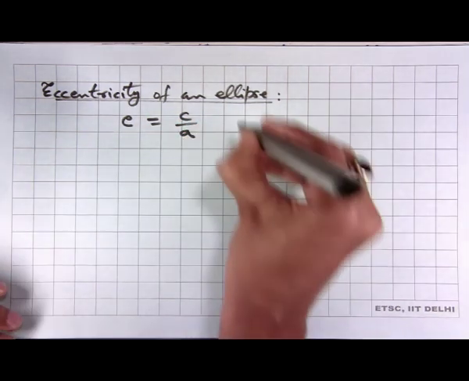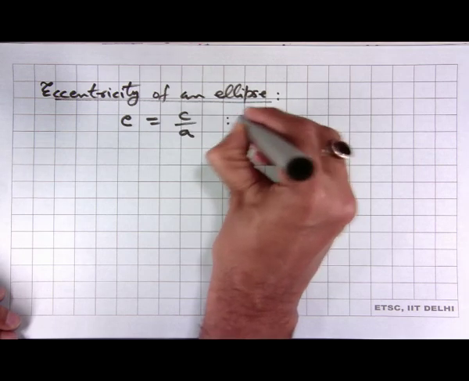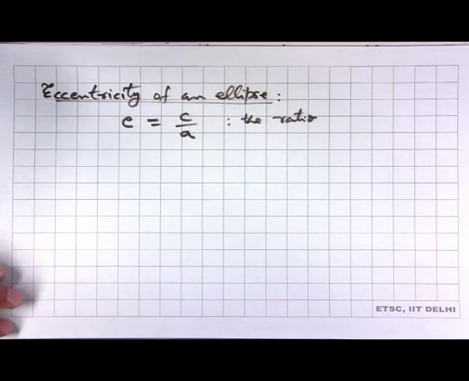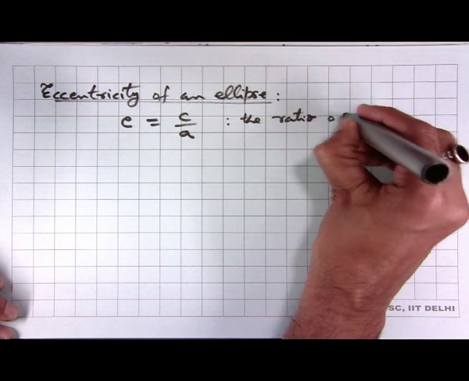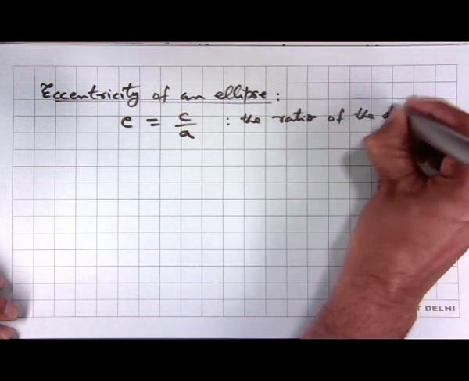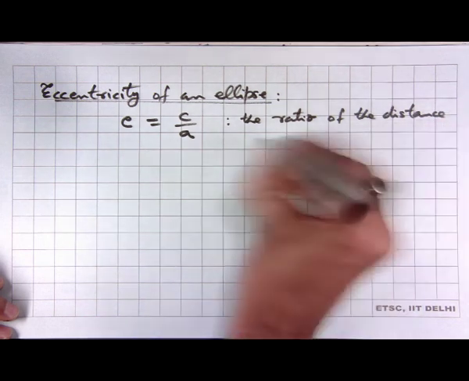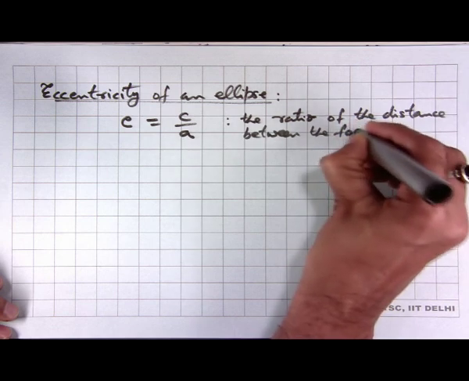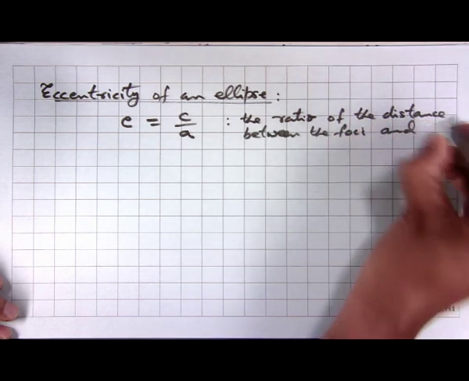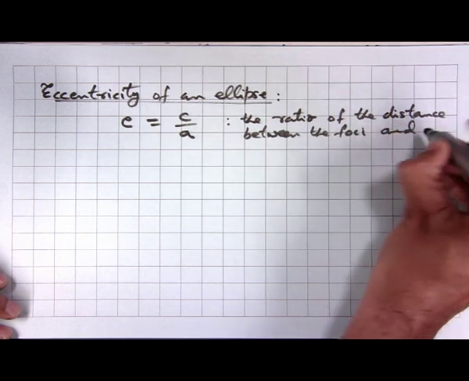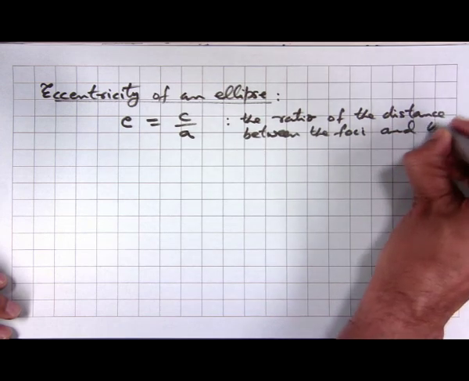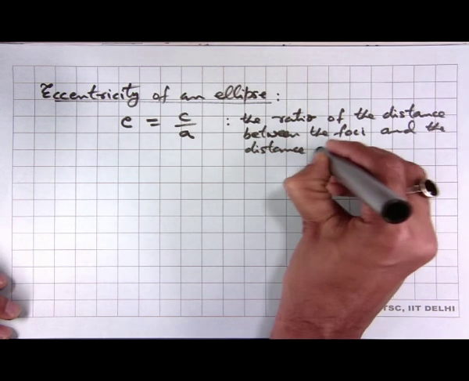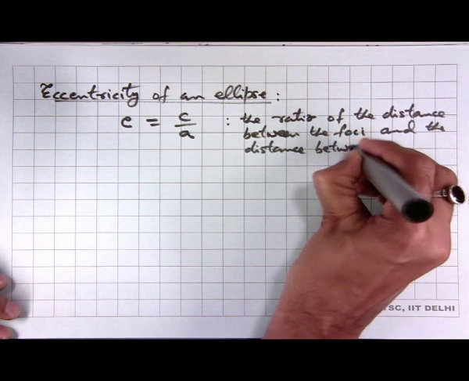So, this is the ratio of the distance between the foci and the distance between the vertices.